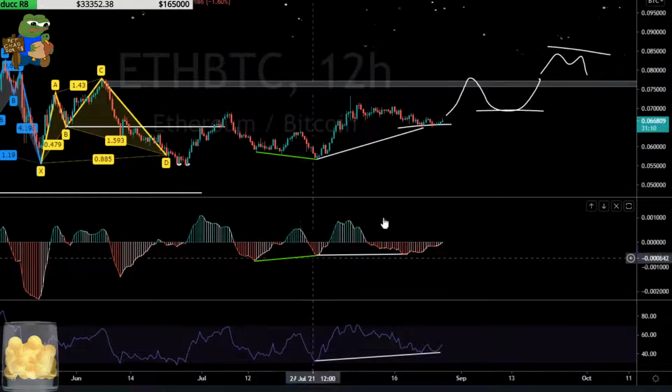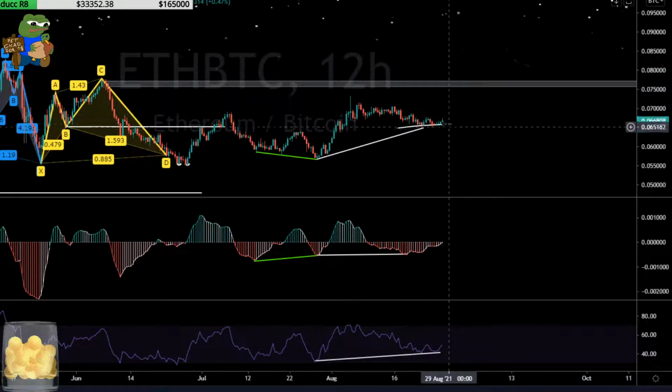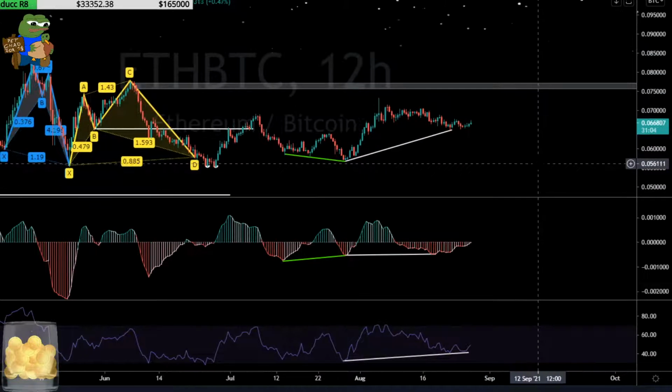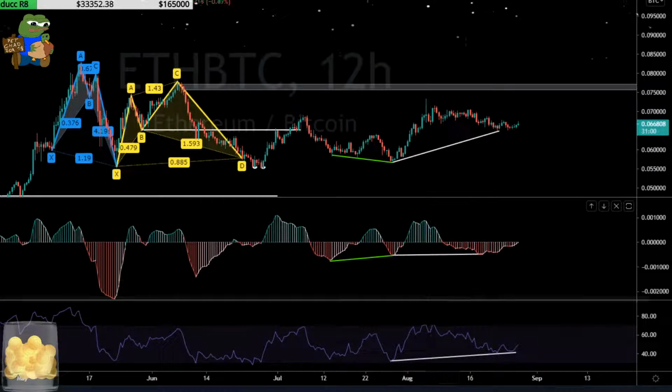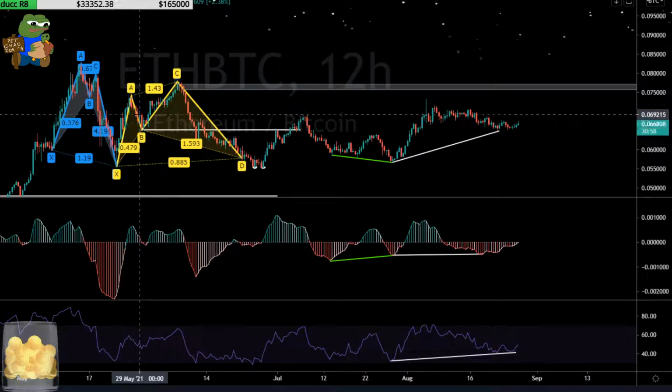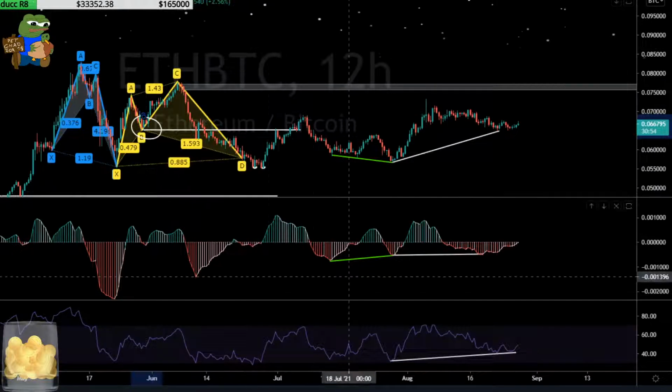All right, so moving along here. All right, clean that up. All right, so check this out. Looking back left here, our previous B anchor point, you see this anchor point here of the yellow harmonic? Okay, our previous B anchor point.